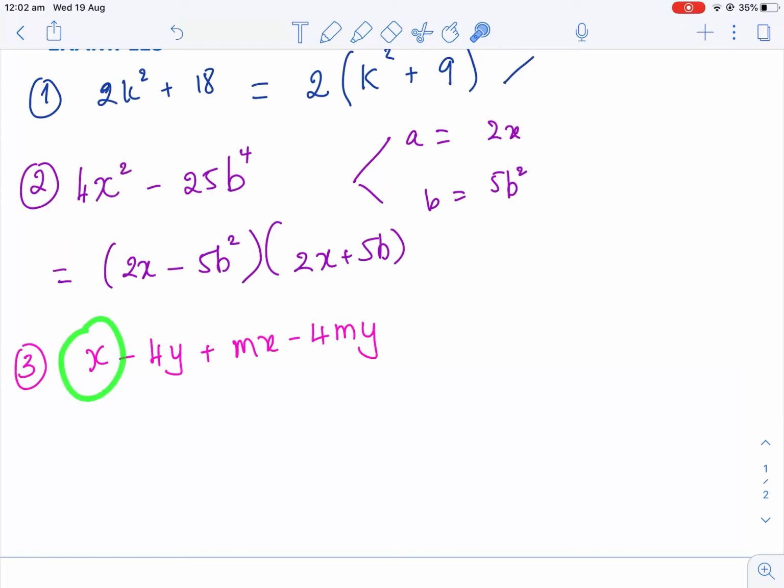And I found that I have this one and this one are like terms. Oh, no, they're not like terms. There are no like terms in here. So we have 4 terms, x, mx, 4y, and 4my. However, there are common factors between this one and this one, and this one with this one. So I rearrange the terms so that the ones that have common factors will stay next to each other. So it equals x plus mx, take away 4y, take away 4my.